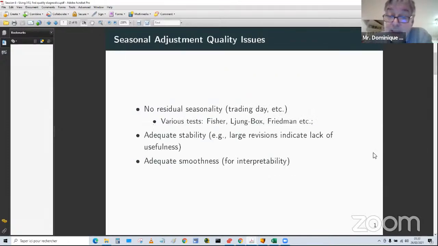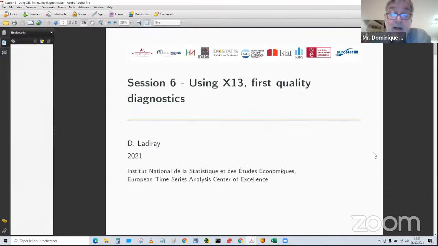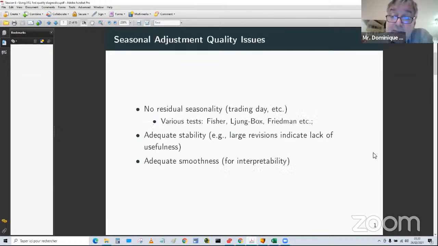So what do we have? If I want to judge the quality of a seasonal adjustment, I have several ideas in mind, okay? Of course, I do not want to have residual seasonality in my seasonally adjusted data, okay? And I do not want to have a trading day effect in my seasonally and calendar adjusted series.